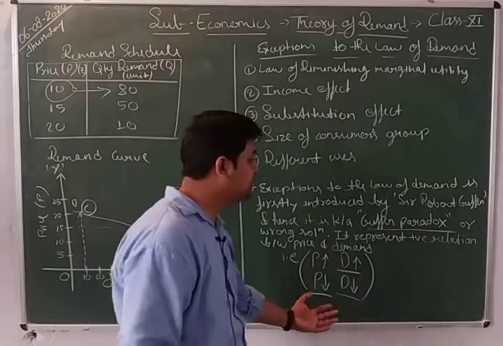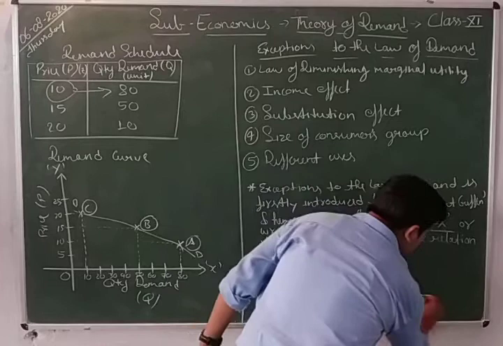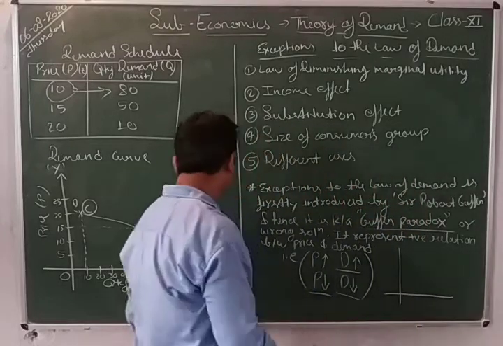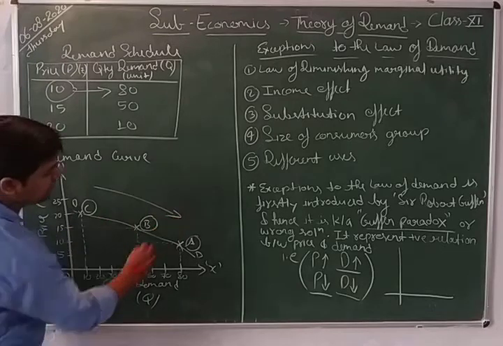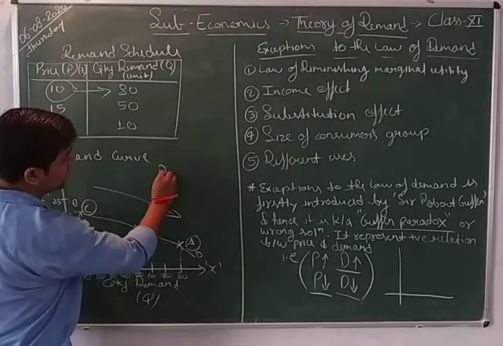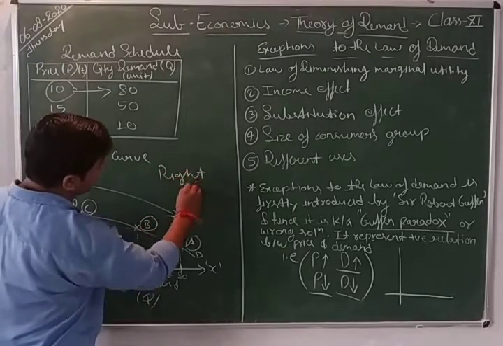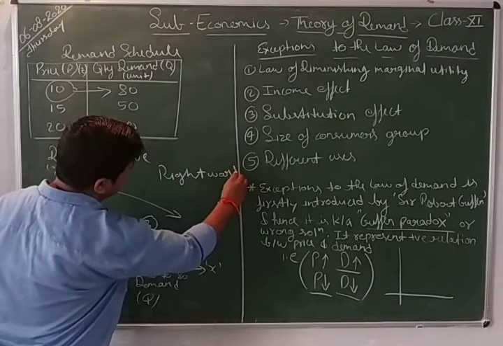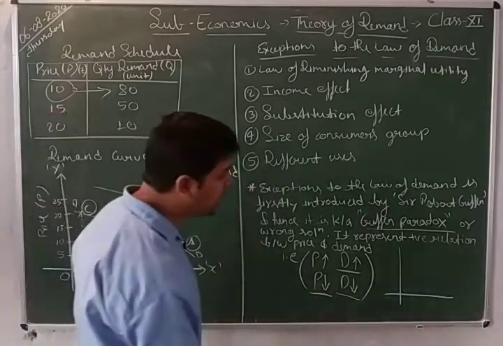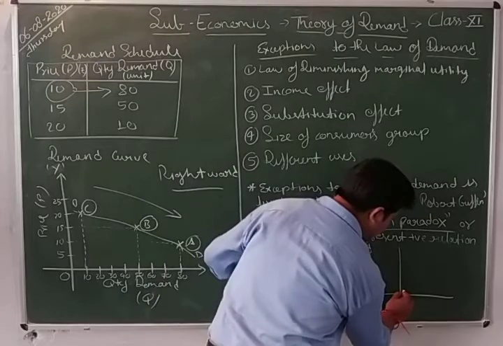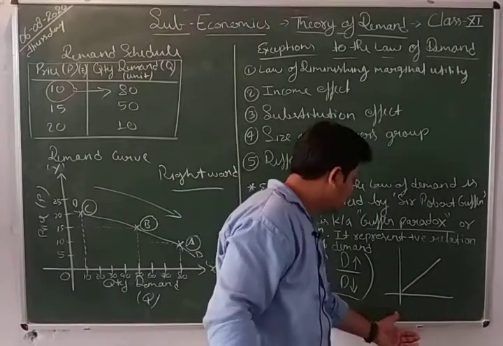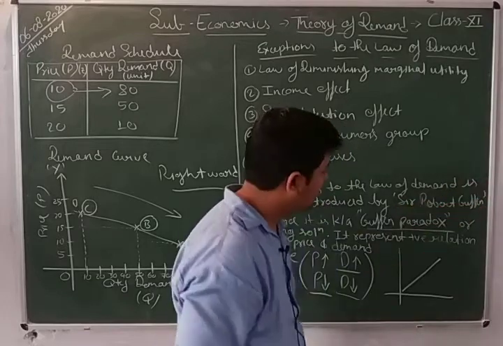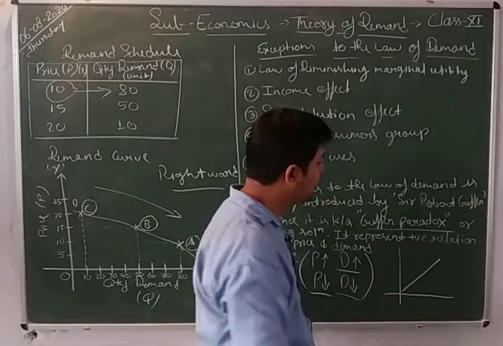In the law of demand, the demand curve slopes downward toward the right, and in this figure the demand curve moves from downward to upward, toward the right.